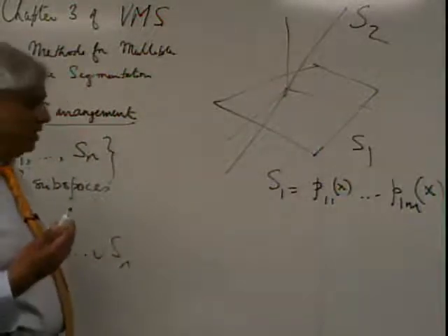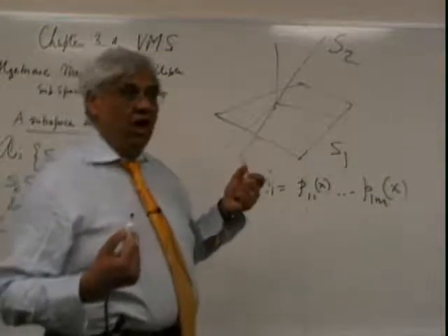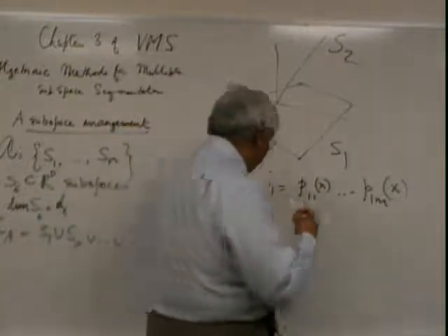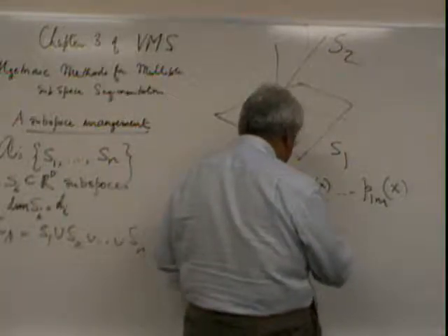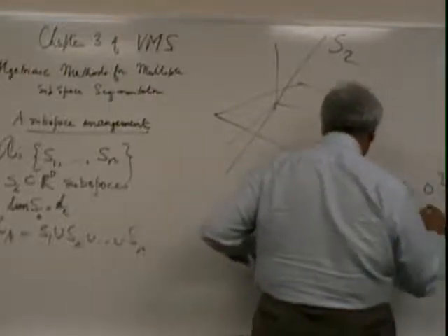So it is the zero set. Algebraic sets are zero sets of algebraic functions. That's what an algebraic set is. So S_1 is the set of all x's such that p_11(x) = p_12(x) = ... = p_1m(x) = 0.